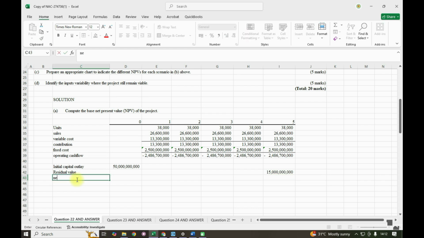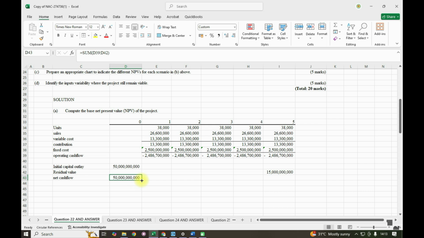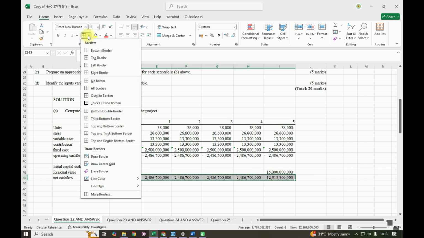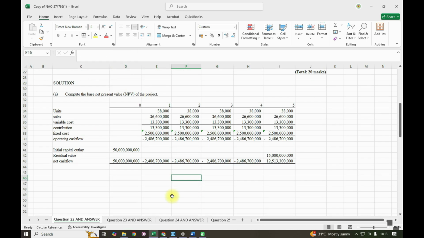We have our net cash flow here. So we shall put auto sum from this point up to that point, and I'll autofill that. I'll have top and bottom border to close that. So that is our net cash flow.